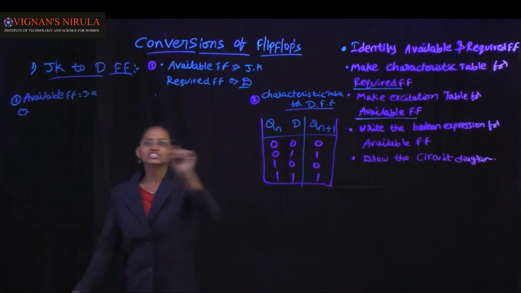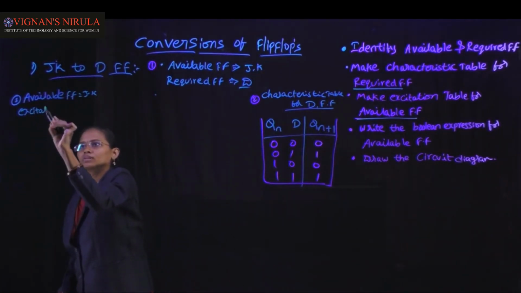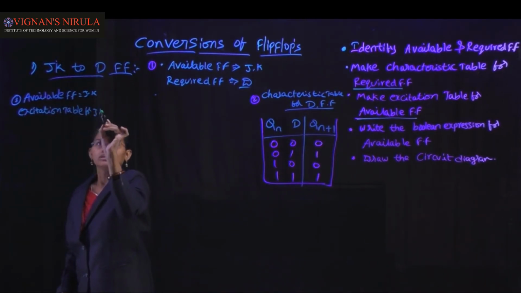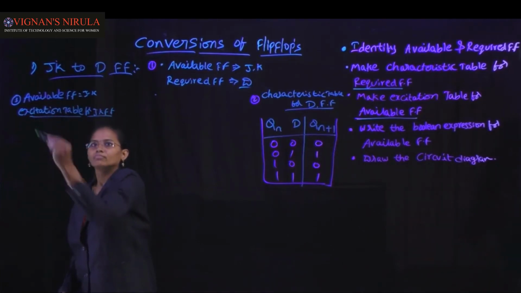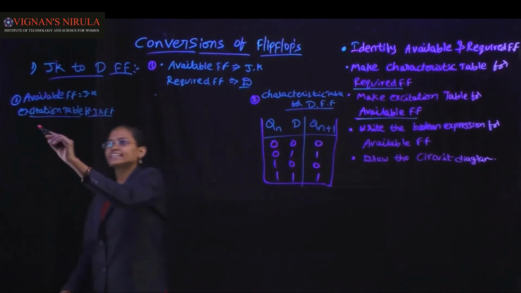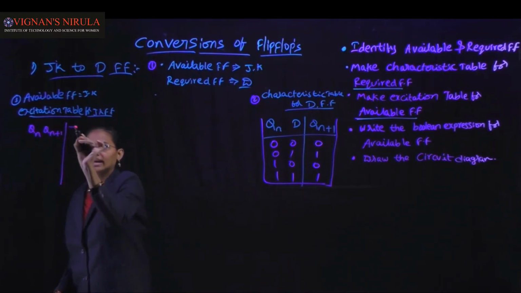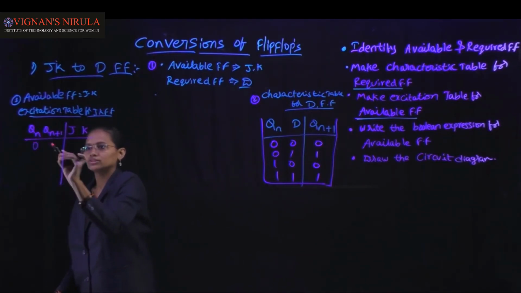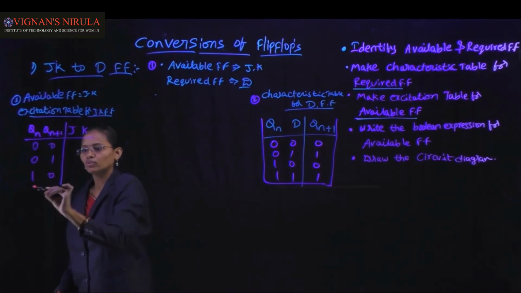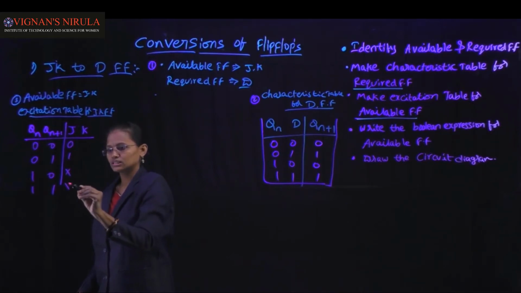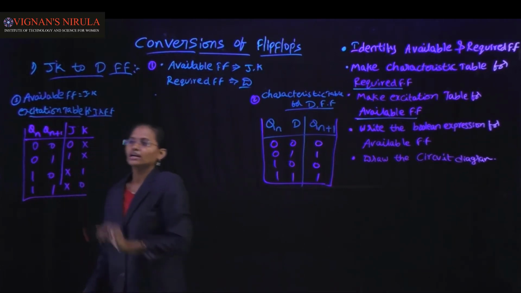This is the excitation table for JK flip-flop. Here the excitation table is Qn, Qn plus 1 and J and K. 0 0 0 1 1 0 and 1 1. Here 0 X, 1 X, X 1, X 0. This is the excitation table.